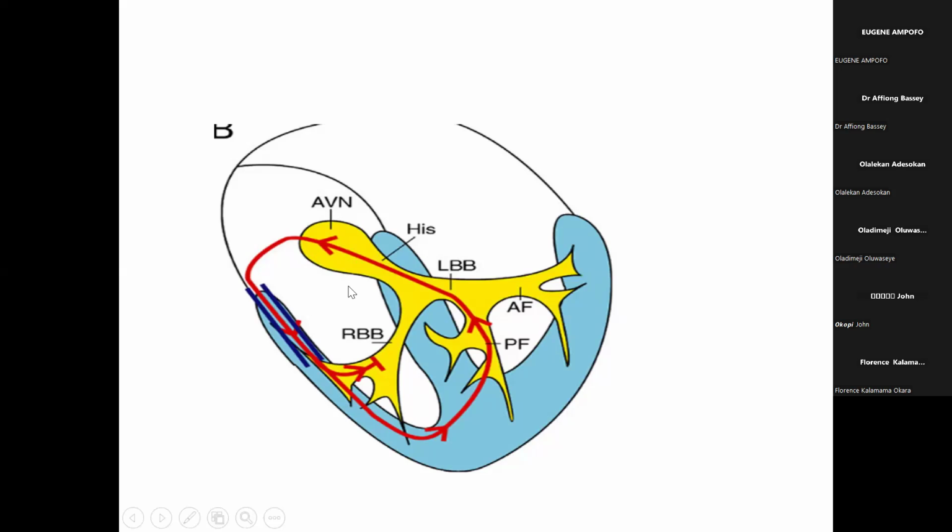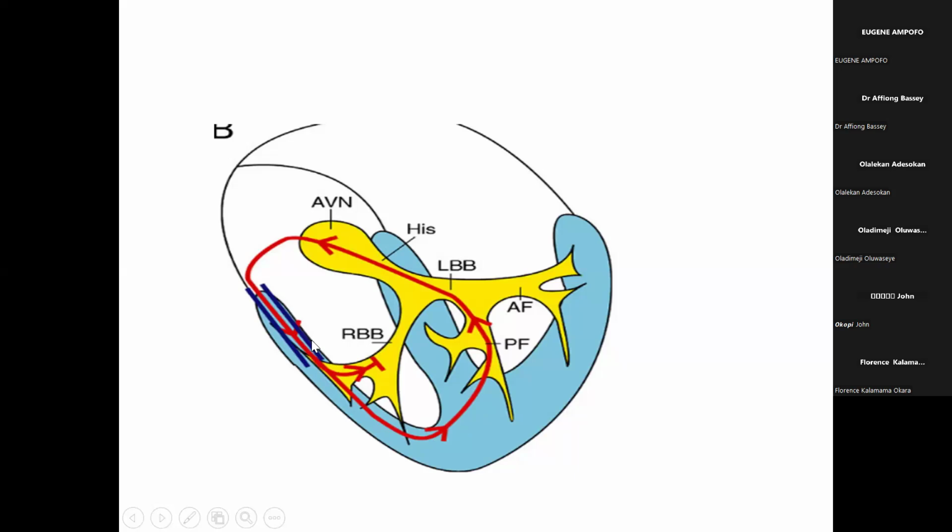Now, it's fast in whatever direction it's going, either to the ventricle or to the atrium. If it's going to the ventricle, that means it's going to give you an antidromic pathway, right? So if the aberrant tract is taking this electrical activity to the ventricle, it's going to be antidromic.